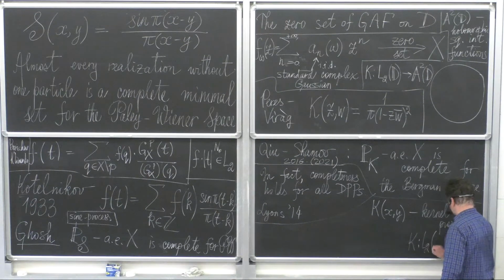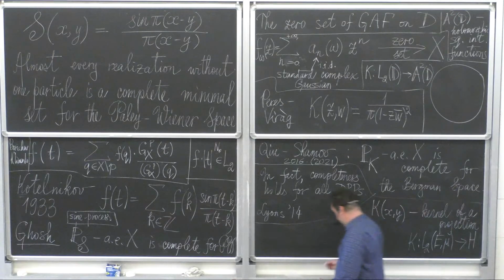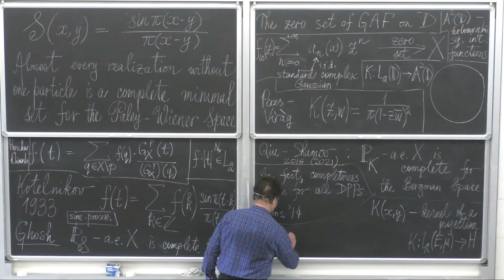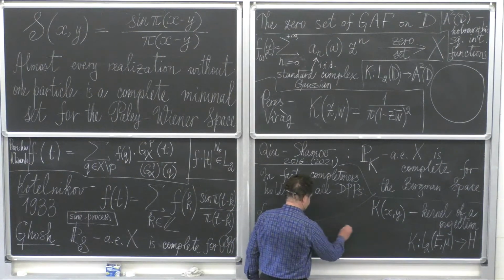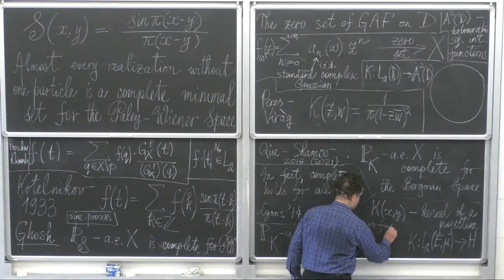So L2 in some space E with some measure mu is projected on some subspace H. Then for almost every realization X of the determinantal point process, if F in H is 0 in restriction to X, then it is identically 0.